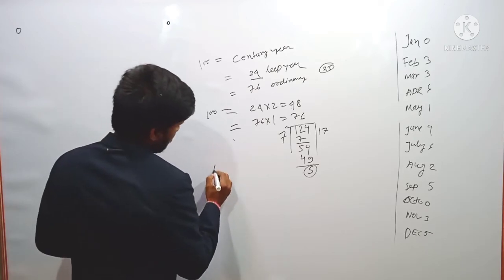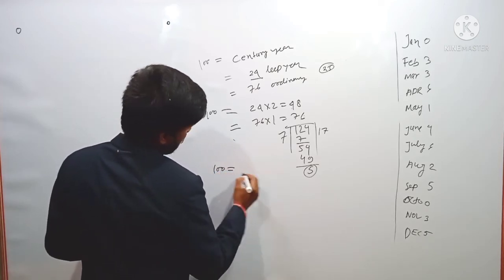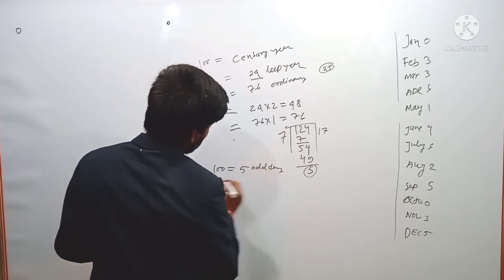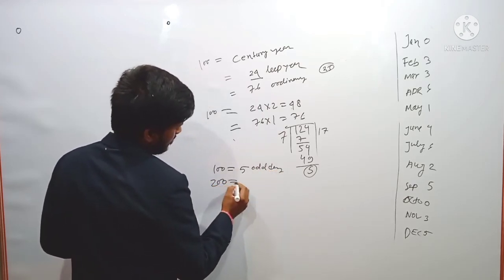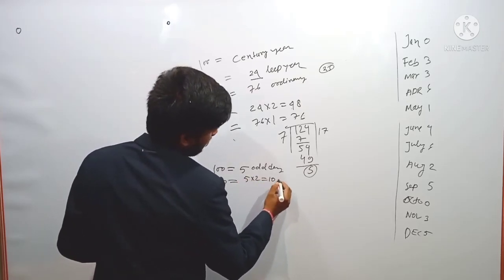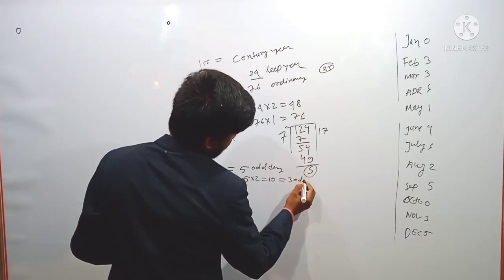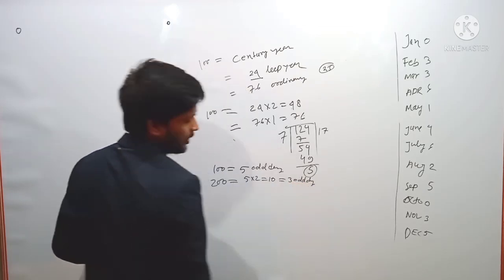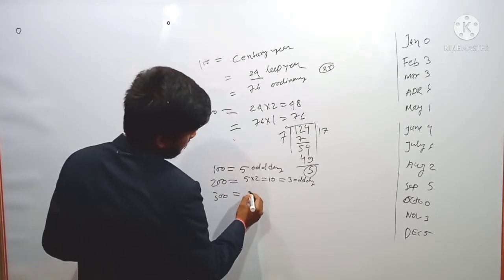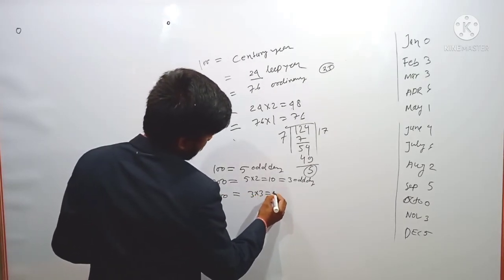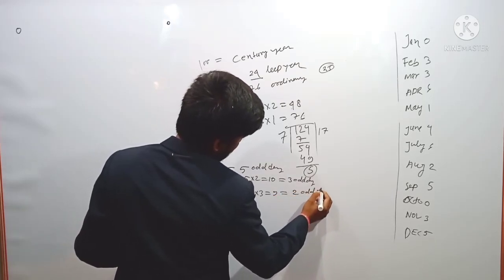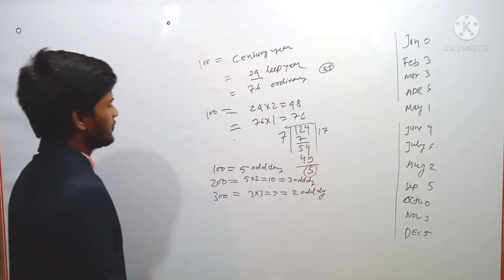Then in a century year there are 5 odd days. Then in two centuries, double century, 5 into 2 equal to 10, there are 3 odd days. Okay, and in 3 centuries there are 2 odd days.